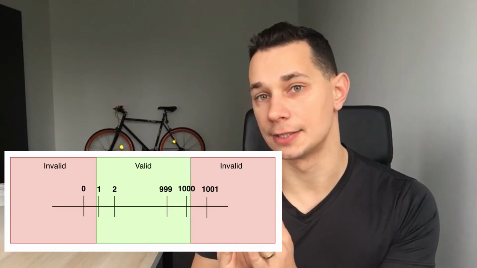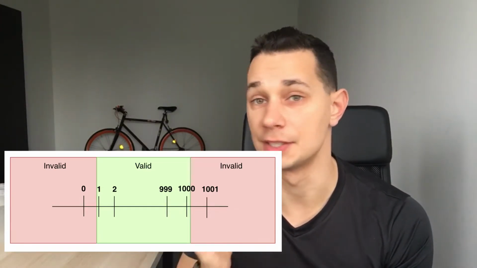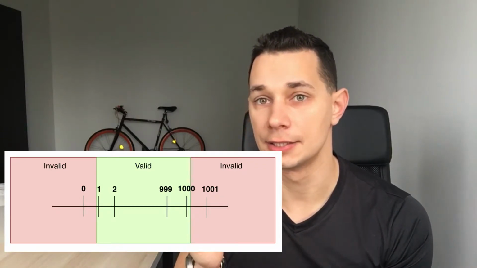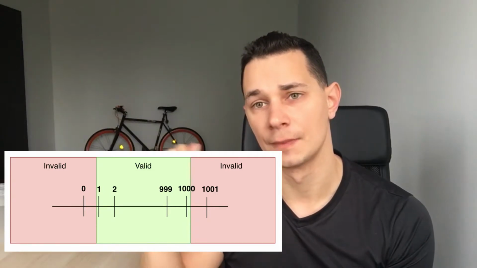Okay, but wait a sec. Now we have test values which test the partitions and the boundaries too, and there is some space for optimization. Let's assume that we need to cover all partitions and the boundaries. In the first case, 1 and 2 behave the same way. And this is the same story at 999 and 1000.